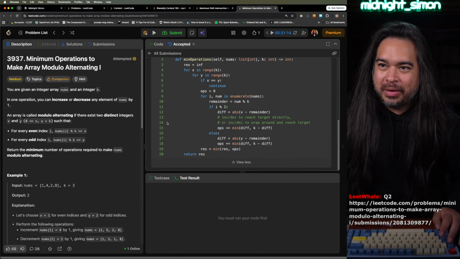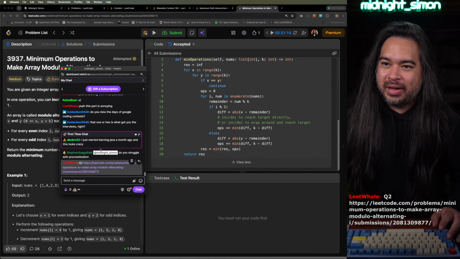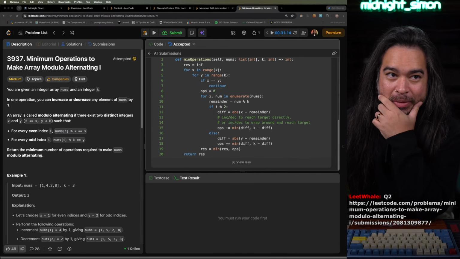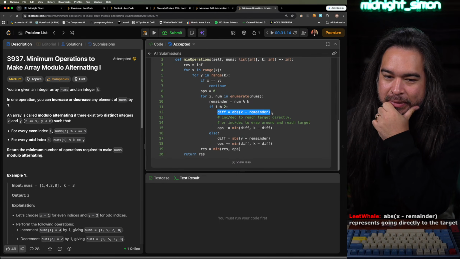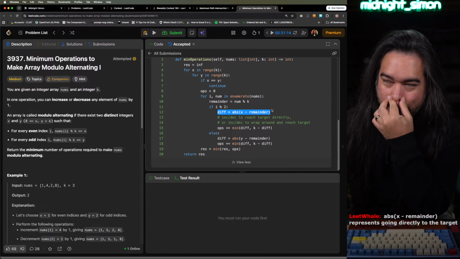Wait, why? What was it? Something was broken in my brain where I couldn't figure out the best way to calculate the diffs. The absolute value. Man, why did I think of that?